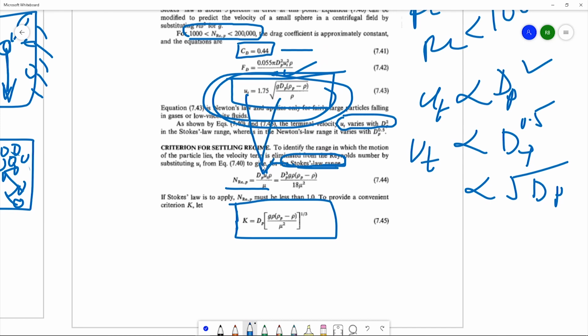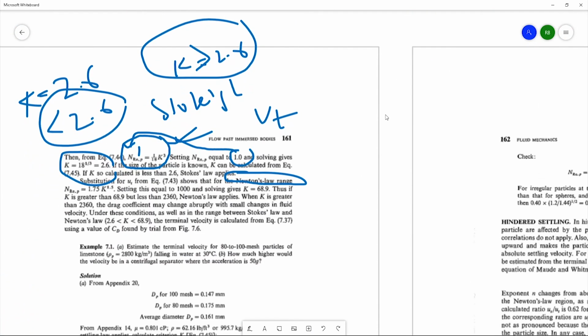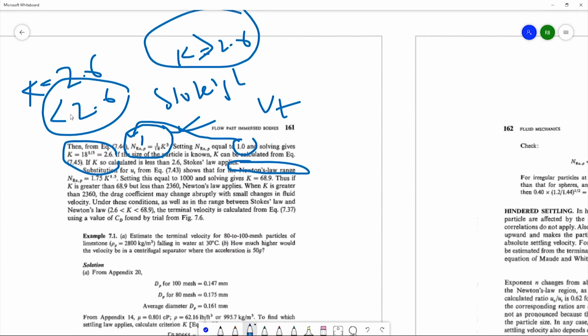You will get the Reynolds number in terms of these values, and K is already defined like this. Try to rearrange and find a relation between K and the Reynolds number. You will get the relation between K and Reynolds number for Newton's law regime like this.